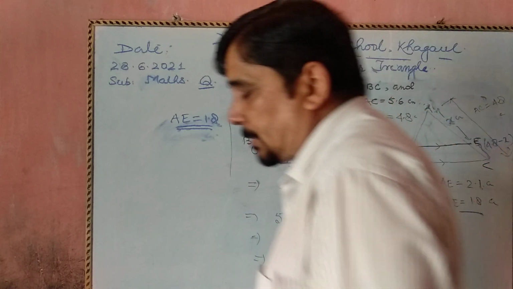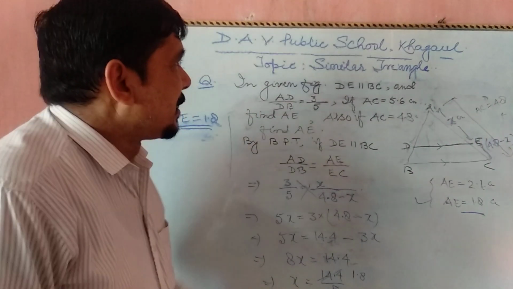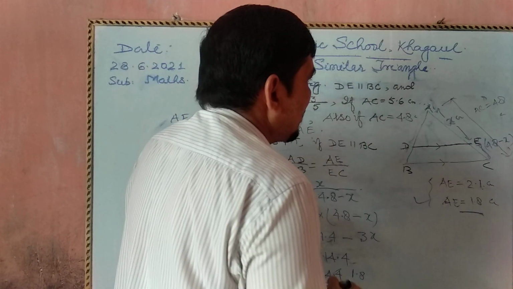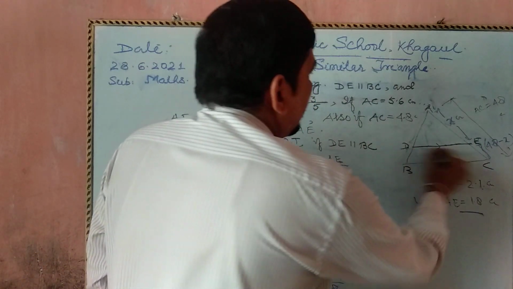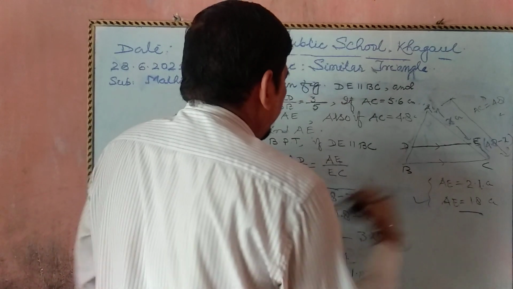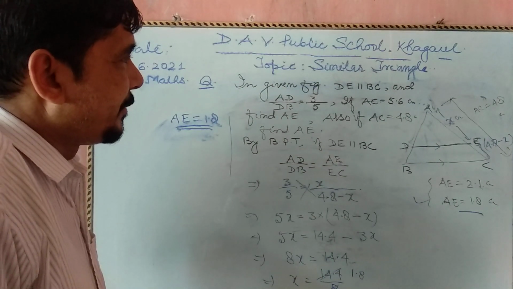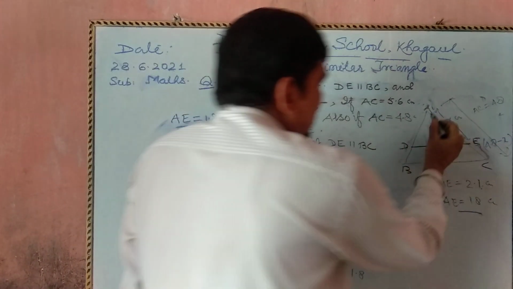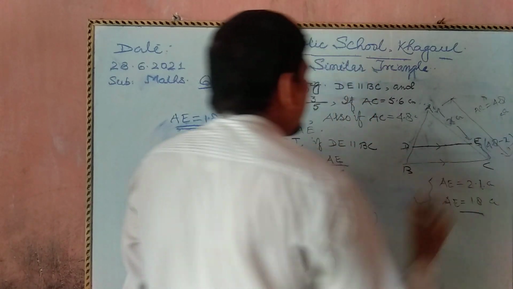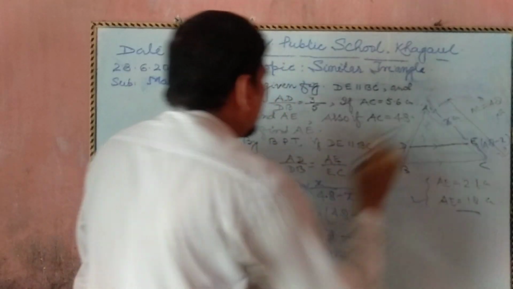to the third side. Now write down the question for the given figure. In the given figure, DE is parallel to BC and AD by DB is equal to 3 by 5. If AC is equal to 4.8 centimeter, find the length of AE.